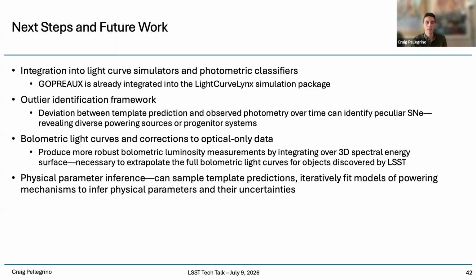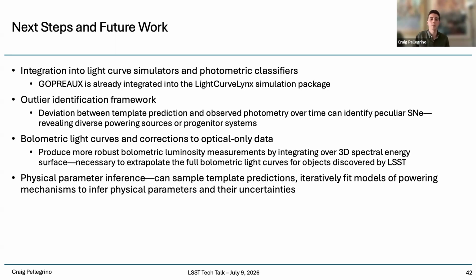So hopefully users can very easily simulate light curves that pull from our own templates. These templates can also be used to generate synthetic data to inform different machine learning classifiers in the future. We can also develop things like an outlier classification or identification framework, in which deviations between the predictions and the observations over time can identify peculiar supernovae relative to their spectroscopic type. And this may indicate things like different powering sources or progenitors for those objects.